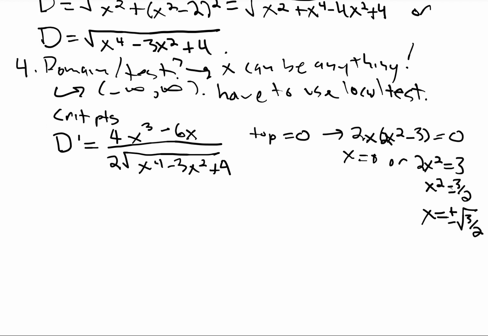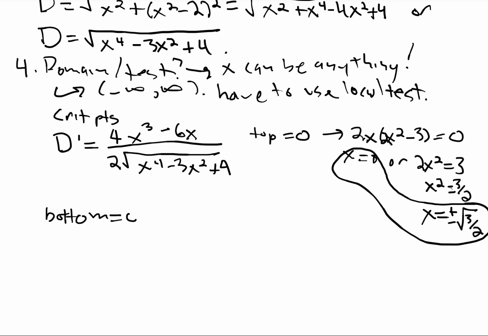Okay? So I've got 3 potential critical points coming from setting my top equal to 0. Okay, 0 and plus or minus root 3/2. Now what happens when I set my bottom equal to 0? If I set my bottom equal to 0, then here's what I'm going to get.